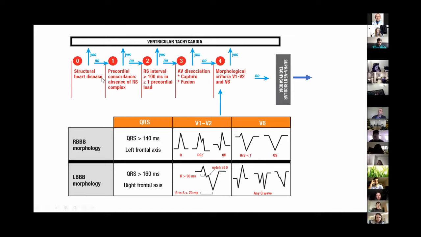Step 0 says, does my patient have structural heart disease? Meaning, do they have a cardiomyopathy with scarring? Do they have ischemic heart disease? And I'm seeing a regular wide complex rhythm. The percentage of cases that are ventricular tachycardia is so high that you should really proceed treating that acutely with the algorithm of VT.